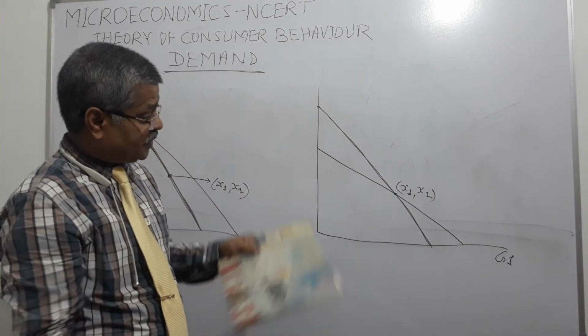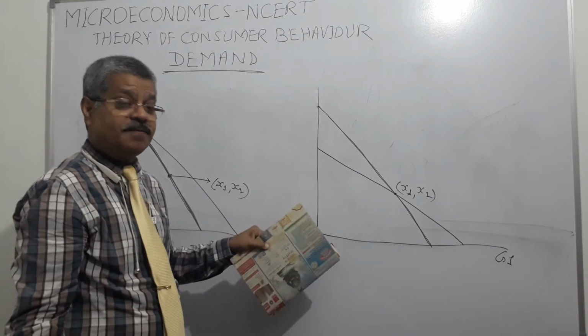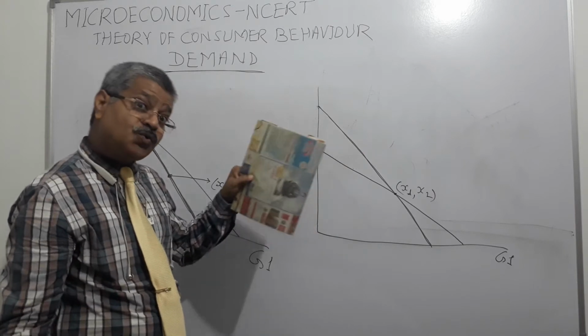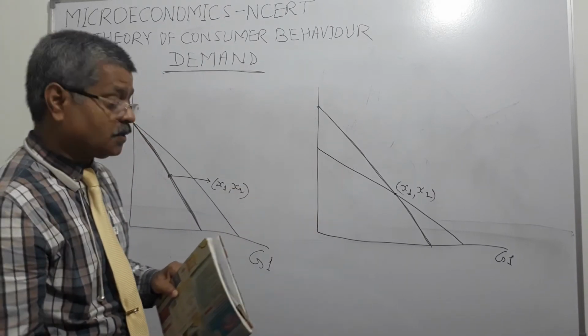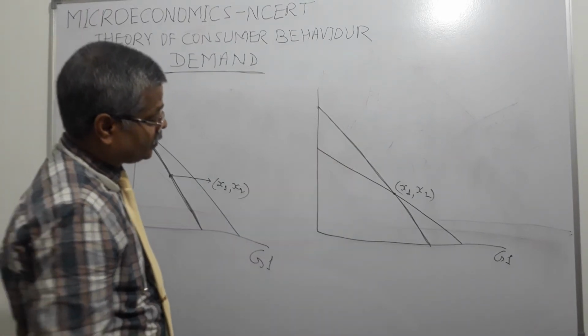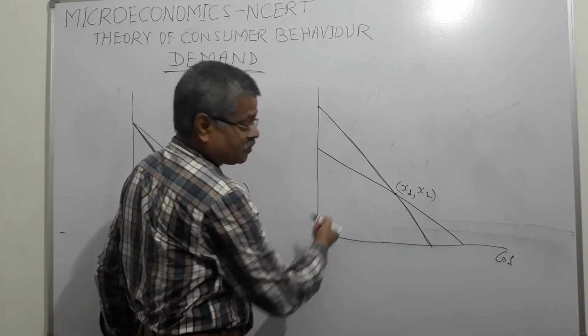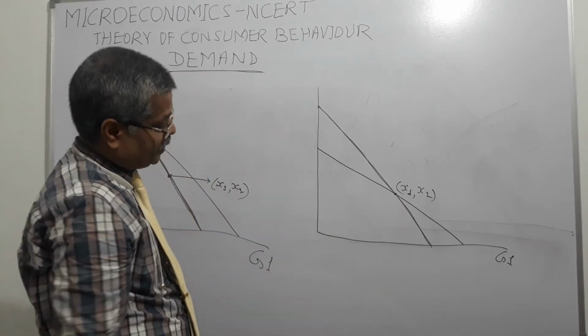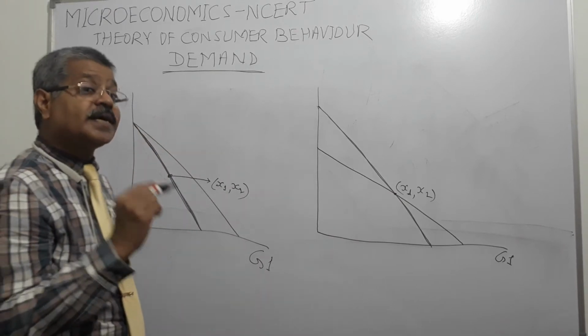Because the income of the consumer is adjusted in such a way that the consumer is able to afford the X1, X2 bundle of goods, right? So it cuts there. Now below this, whatever set of bundles are there, they were available to the consumer earlier also.